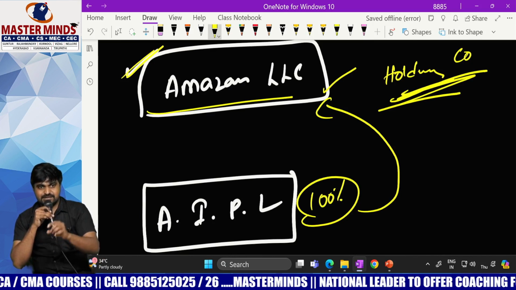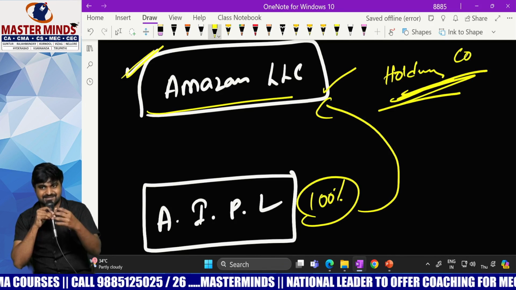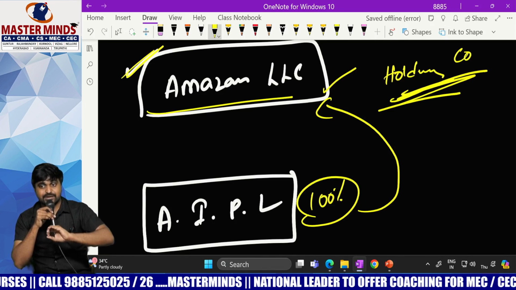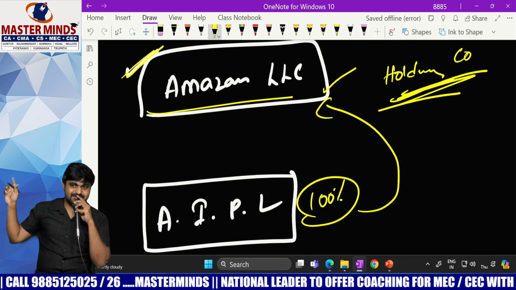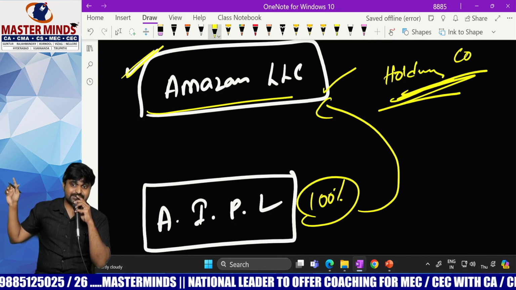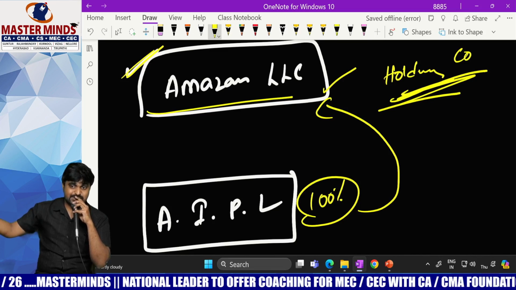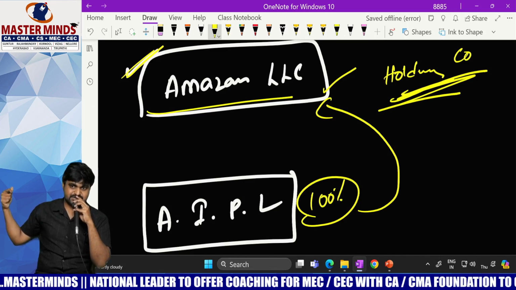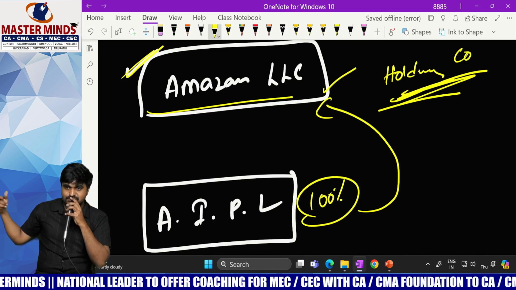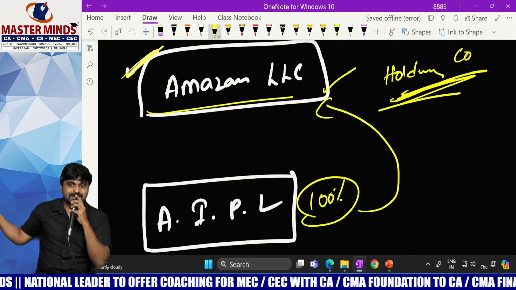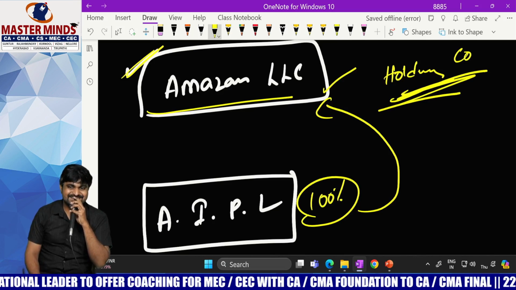That means even though we are calling a foreign company a company, actually it is not a company as per the Companies Act 2013. Yes, we are calling it a company, foreign company, but actually it is not a company as per the definition. Then, even though it is not a company, how will it become a holding company?